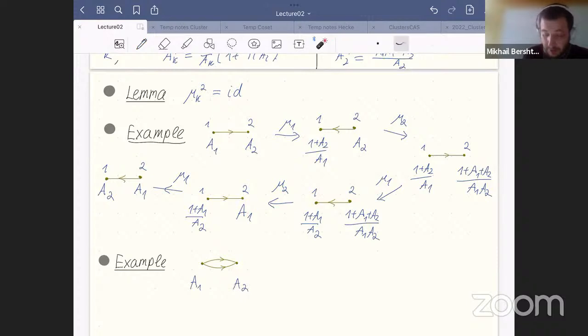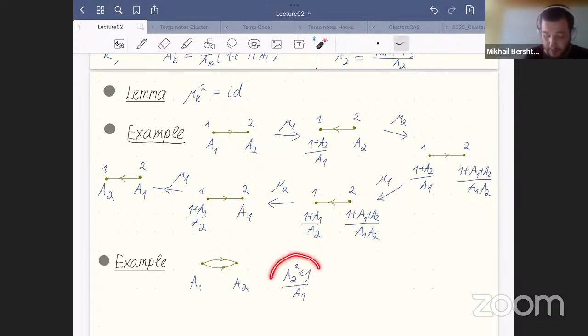I will not write the same quiver many times, so the quiver remains the same. We just have to compute the values of the variables. If we do mutation at A1, then the second variable will be A2 squared plus 1 over A1. And then the picture continues.